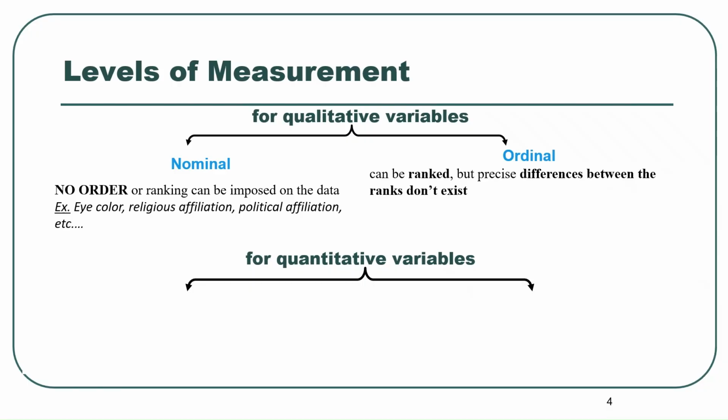Examples for nominal scale qualitative variable is eye color again, hair color, religious affiliation, political affiliation, types of the cars, Honda versus Toyota versus Ford. All of these are just measured on the nominal scale because we cannot rank their values. However, for the ordinal case or ordinal qualitative variables, I can order the values themselves.